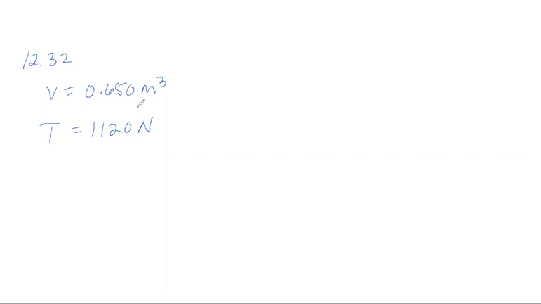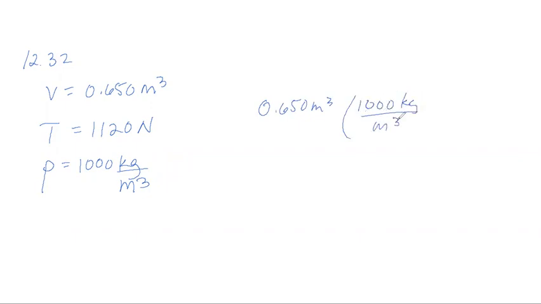All right, the buoyant force is going to be equal to the weight of the displaced fluid. And for fresh water, rho is going to be equal to 1,000 kilograms per meter cubed. And we've got a displaced volume of 0.650 meters cubed times 1,000 kilograms per meter cubed.